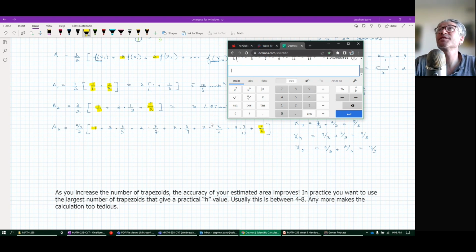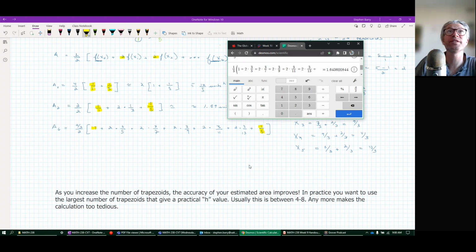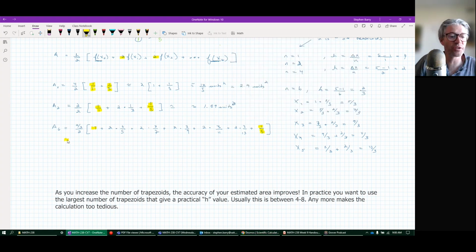Okay, 1.64, let's say approximately. So again, smaller and smaller and smaller.